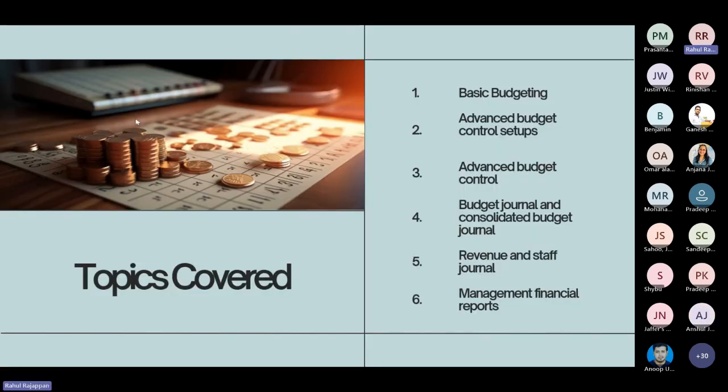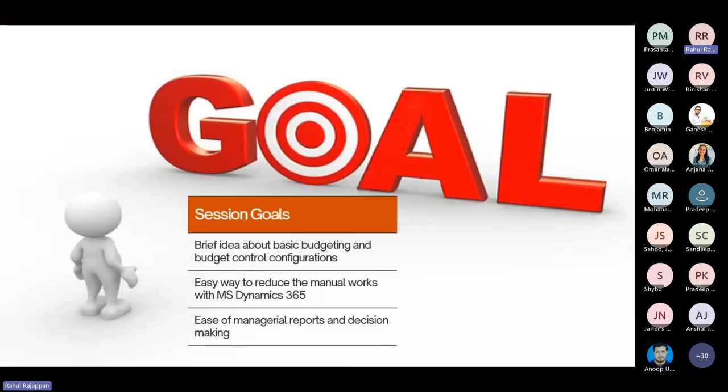So here we will cover these topics. I will go through the basic budgeting and budget controls, what we have to do, and advanced budget control setups, advanced budget journal, consolidated budget journal, and a few other things.